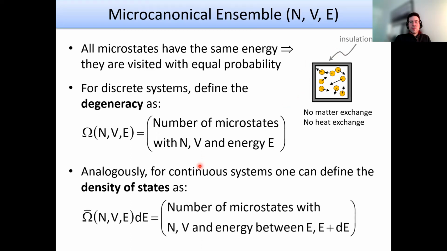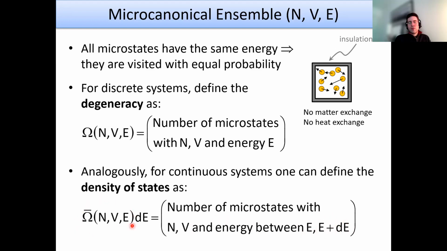If we're looking into a system with a continuous state space, we can define something similar to the degeneracy. It's called the density of states, which is really the number of microstates with number of particles N, volume V, and energy between E and E plus dE.